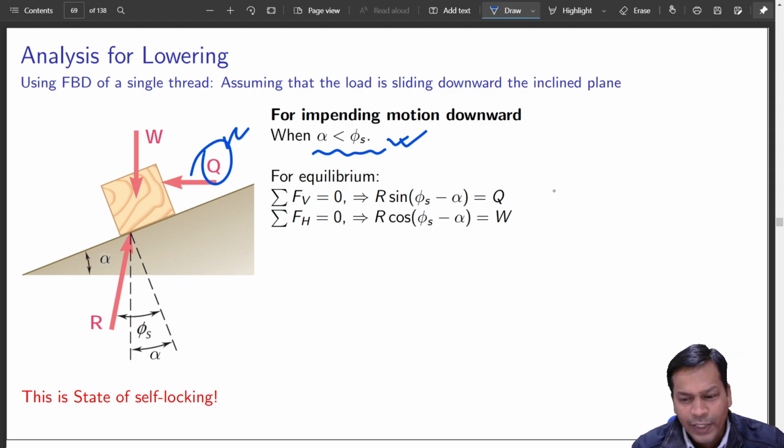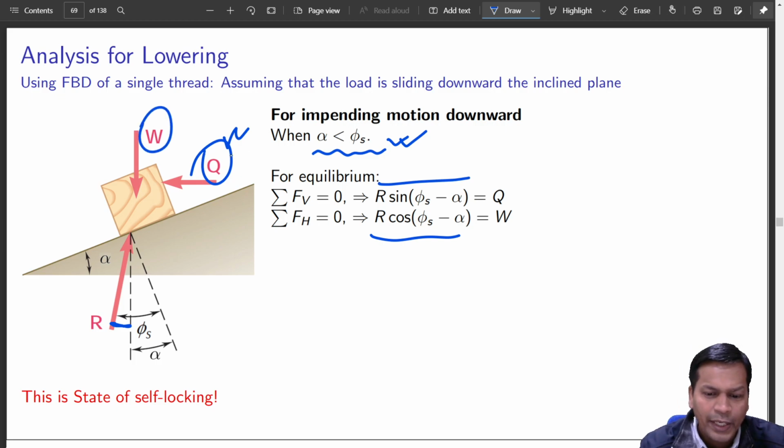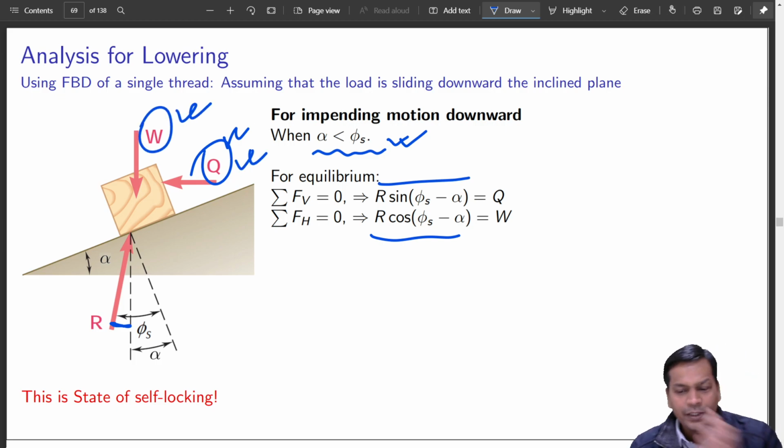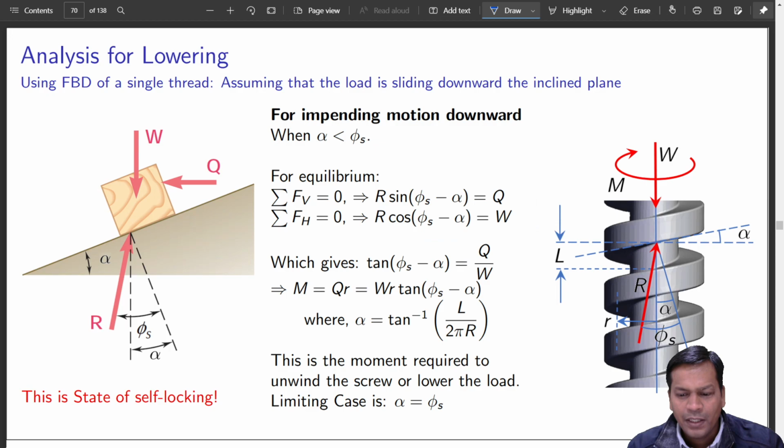Okay, so again I have used this angle, that is the resultant, psi s minus alpha, and taken the horizontal and vertical projections, equated to W and Q. That is the equilibrium condition. If you analyze, again you get a similar equation.